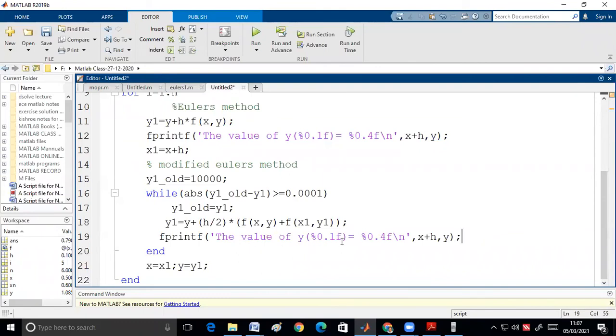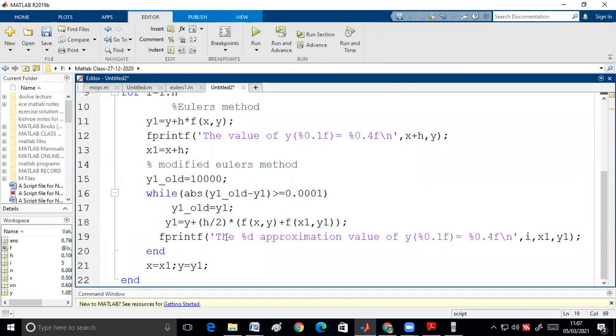So the value of y at 0, the first approximation. I will give the index here and write the approximation value, all these things. So here I will write the x1 value.